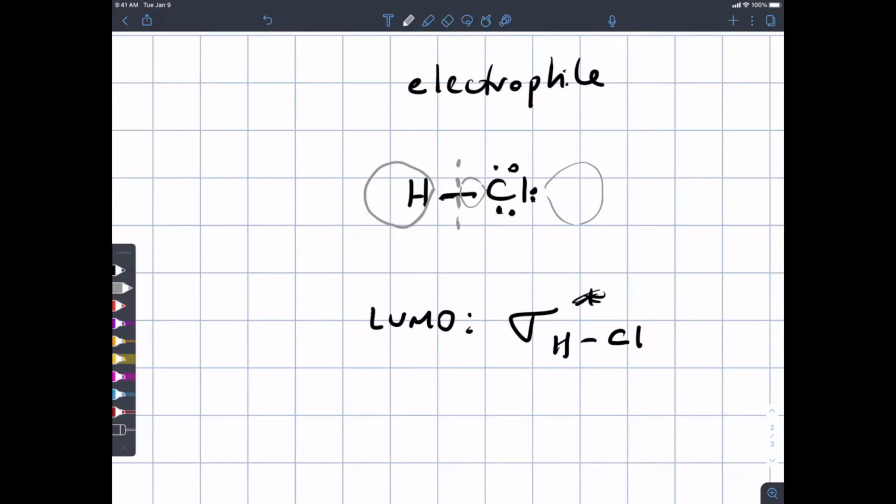This is what a sigma star looks like when it involves hydrogen. Now we can look at that and say, well, the sigma star is both on hydrogen and chlorine, but we can make a prediction about where the sigma star is most reactive, and we would say it's on the hydrogen because of the electronegativity of chlorine.